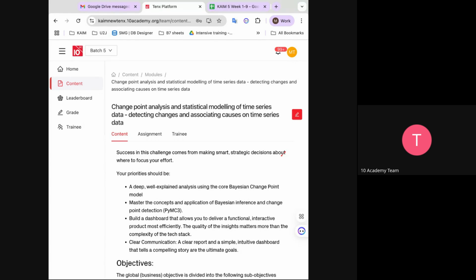So your main priority is to understand what a Bayesian change point model or Bayesian inference is, and how you can link it with change point detection, and how you can deliver a functional and interactive dashboard for the end user to interact with. If you have modeled something for the future, it will work as well. So people can take this as a starting point for their investment gain or their investment risk analysis.